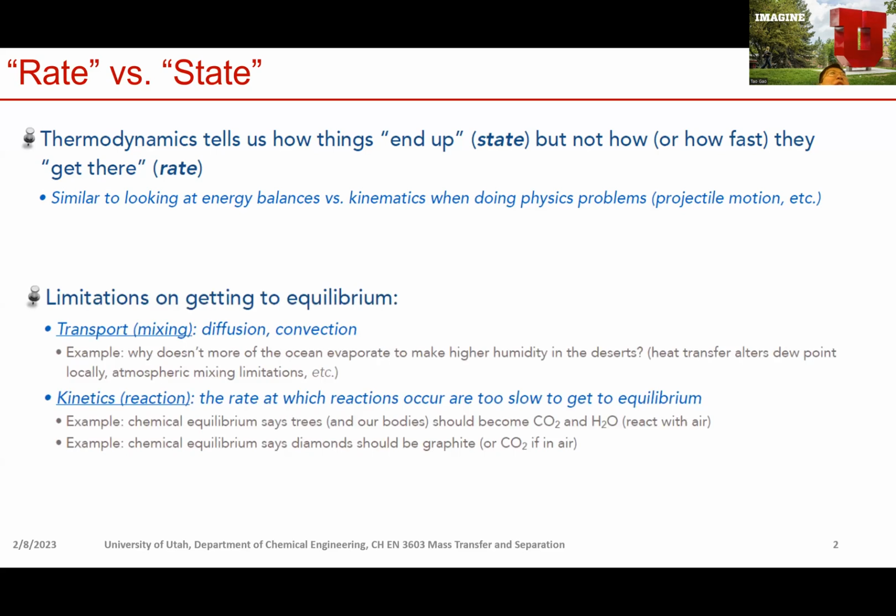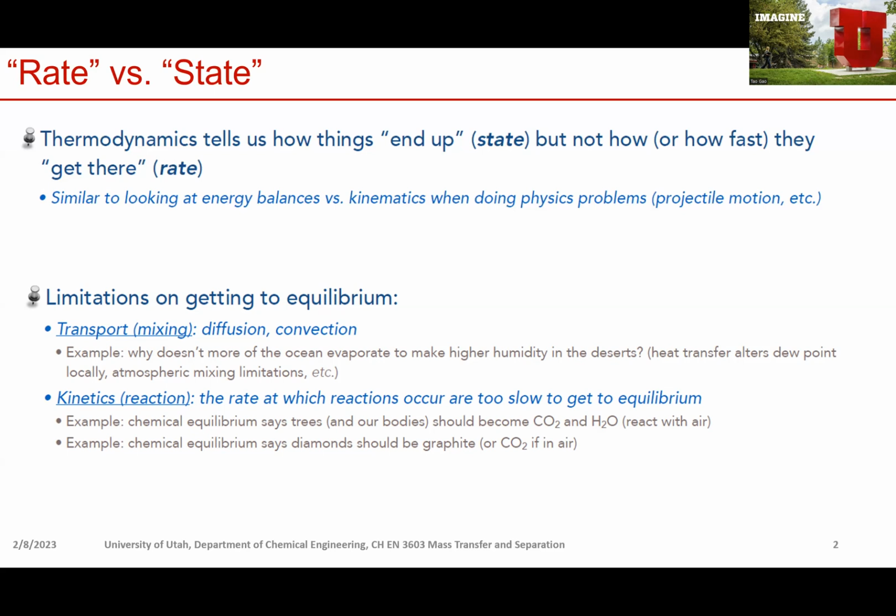In order to answer the question of how fast our system can move from one state to another, we need to look at mass transfer and reactions, right? That will take you from state A to state B. So transport is basically the mixing process, which can happen due to diffusion or convection.